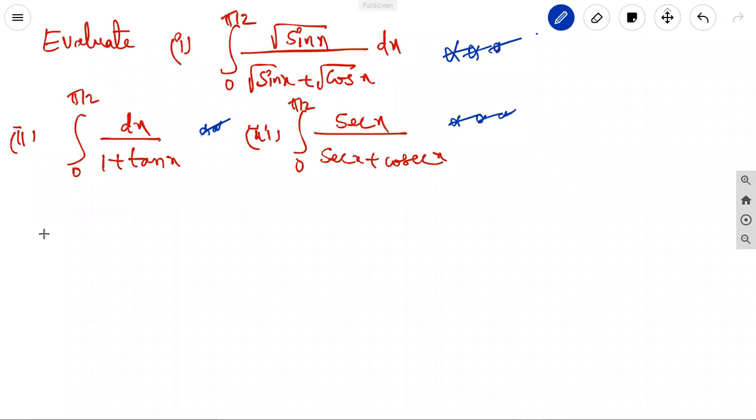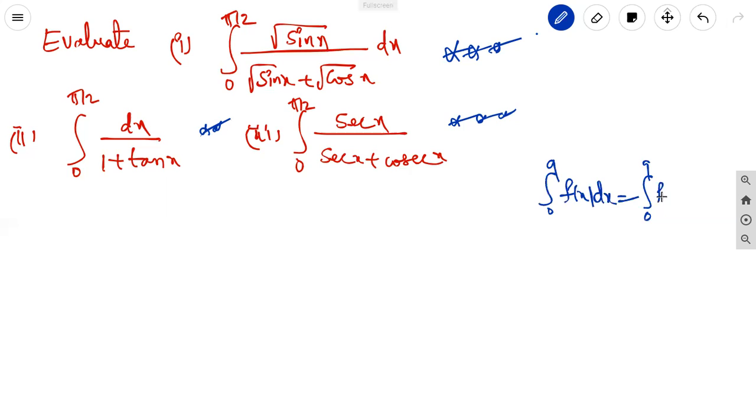Okay. The next question: integral 0 to pi by 2 root sin x by root sin x plus root cos x dx. Which property are we using here? The property is not given here, we are just using the property, no worries. That is integral 0 to a f of x dx is equal to integral 0 to a f of a minus x dx.